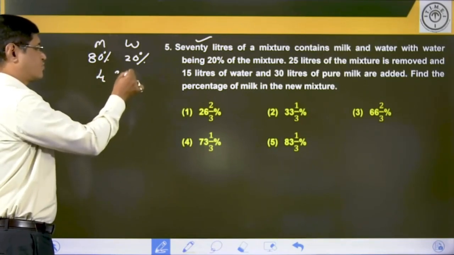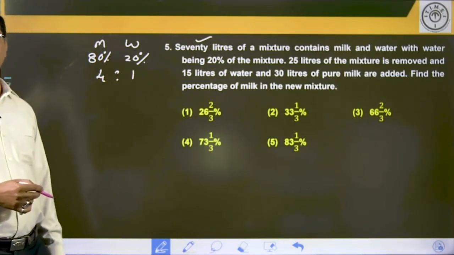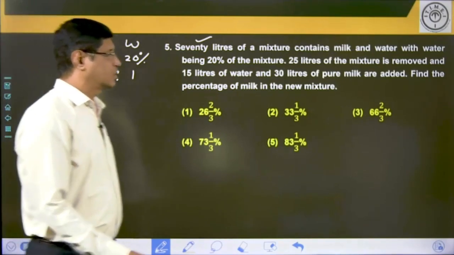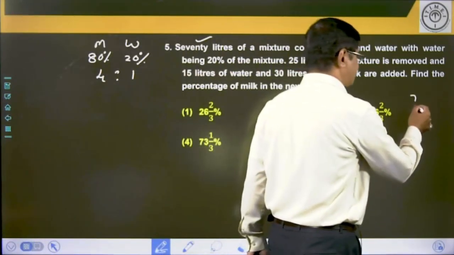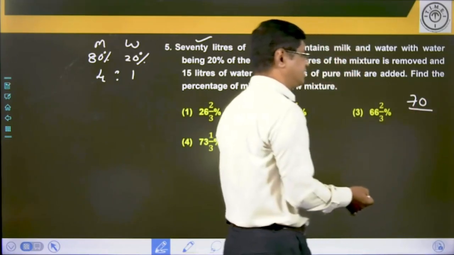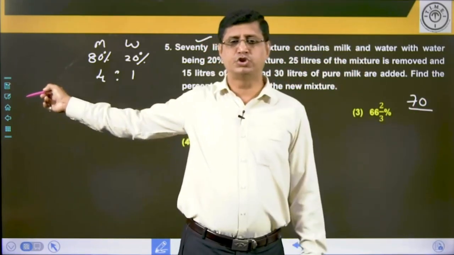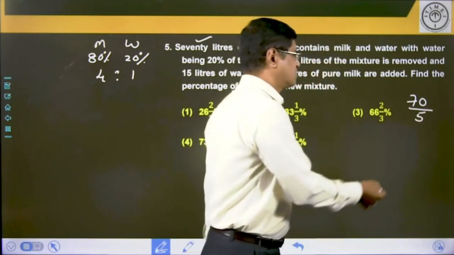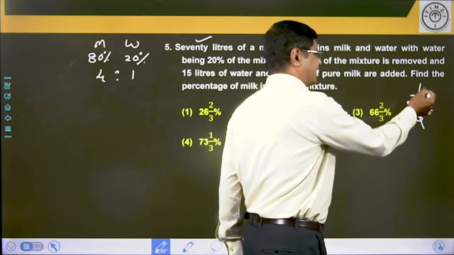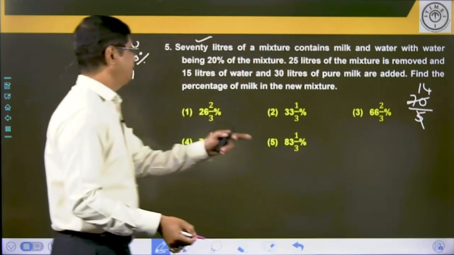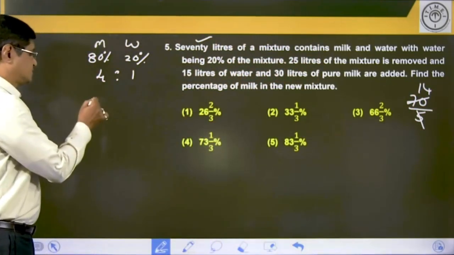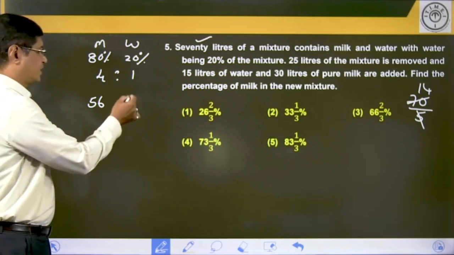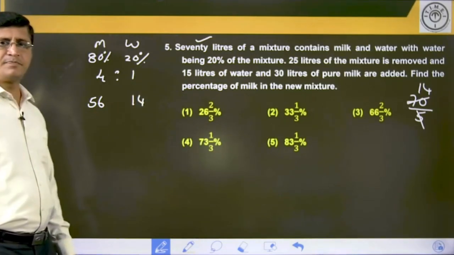What is the ratio? 4:1 is the ratio. Total quantity is 70. 70 liters divide based on the given ratio 4:1. 4:1 means 4 plus 1, 5. Simplify, it goes exactly 14 times. 14 into 4, 56 liters. Here it is 14 liters.